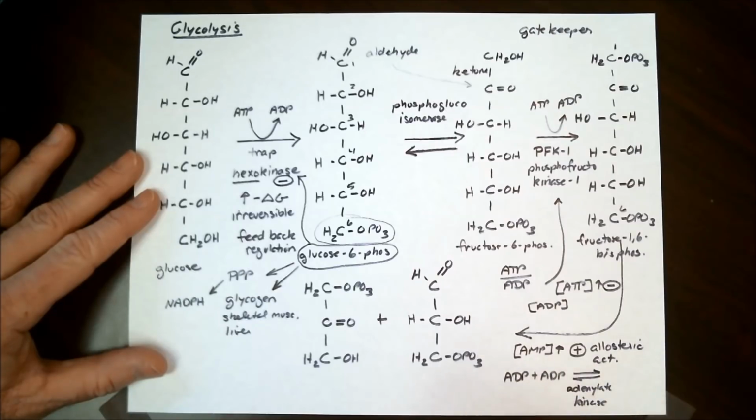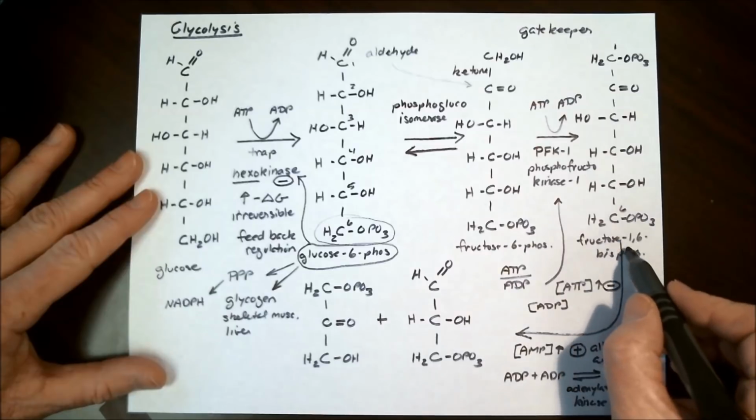So this enzyme, adenylate kinase, takes two ADPs and converts them to ATP plus AMP. Essentially, this enzyme takes one of the high-energy phosphates from ADP and transfers it to the other ADP, generating these two products. The ATP, of course, can go on to be used for energy needs, and the AMP becomes an allosteric regulator. The appearance of AMP is now a positive regulator telling PFK1 to get in gear and start its activity.